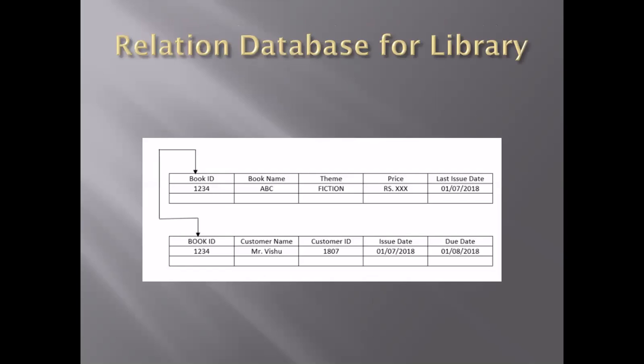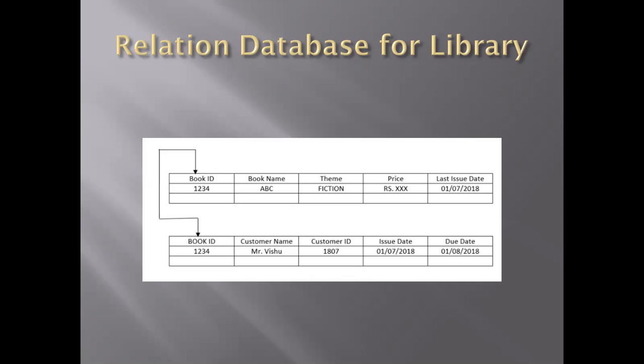So this is an example of the relational database. This is an example about a library. Look at this. In this example, two tables are connected by the book number, which acts as a key between the two tables.